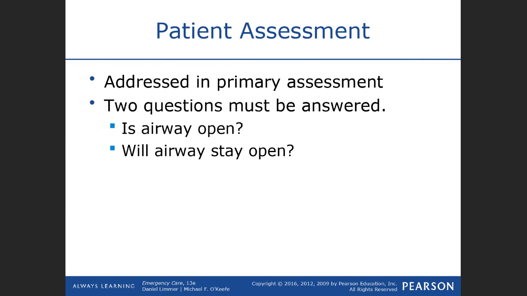When you're managing the airway, it must be done in the primary assessment. You cannot move on to anything else until you have addressed airway issues that are life-threatening. So addressed in the primary assessment, 2 questions must be answered. Is the airway open? Will the airway stay open? Very important questions.